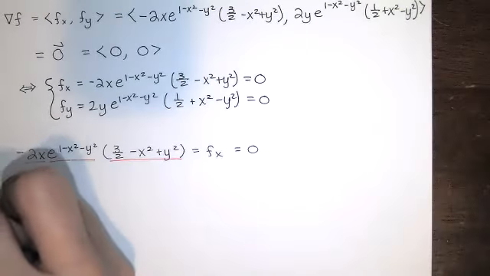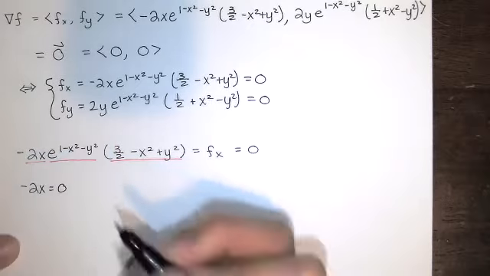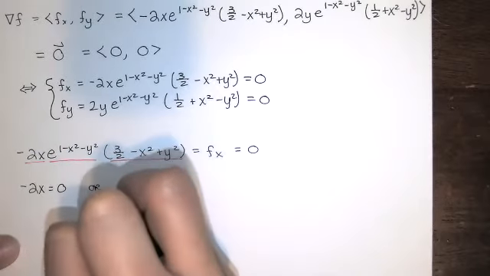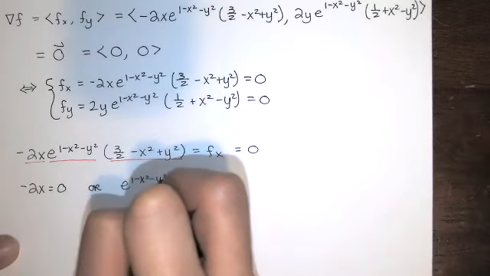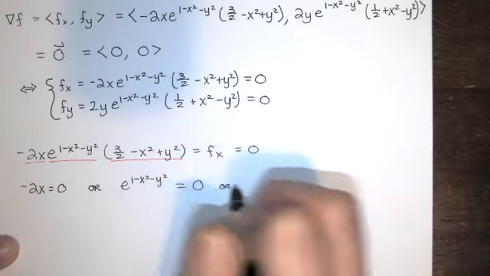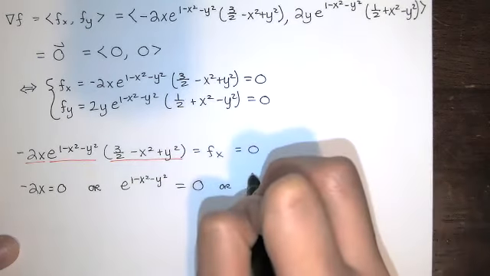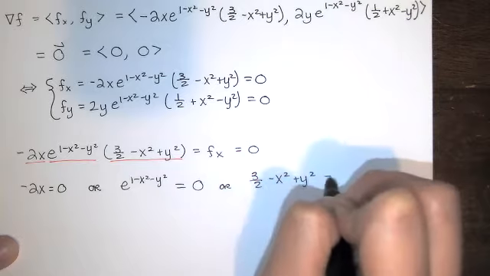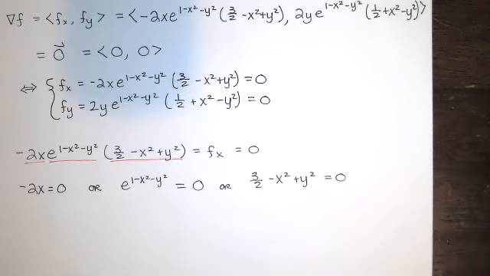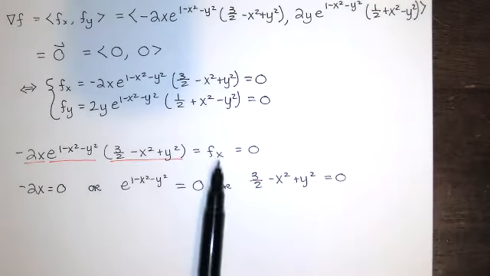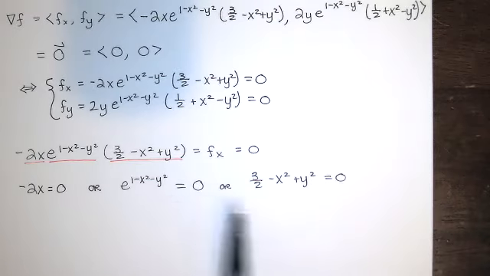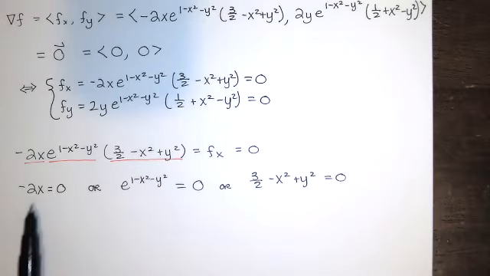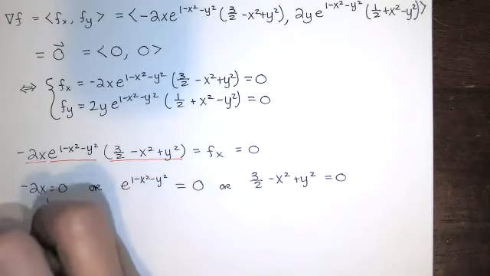So either 2x equals 0, or the exponential equals 0, or this guy equals 0. So you basically have 3 cases there. The only way this partial of f with respect to x is 0 is if this is 0, or this is 0. This one's really easy to solve. We divide by -2 and we get x equals 0.